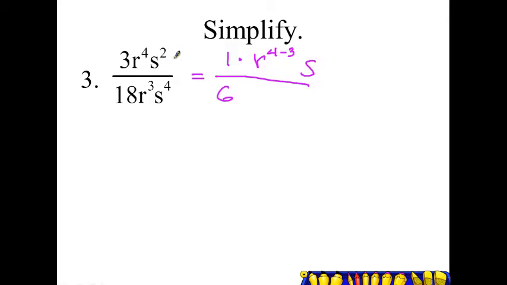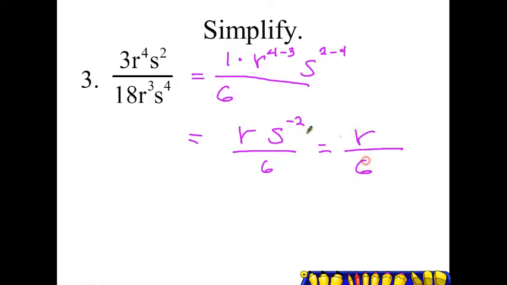And then for my s squared divided by s^4, keep the base, subtract the exponents. So you will have here 1 times r raised to 1, that's just r raised to 1, and then s raised to negative 2. Now we have a negative exponent, so we can just move this down and lose the negative sign. So this will be our final answer.